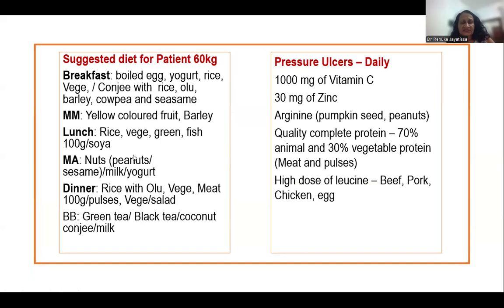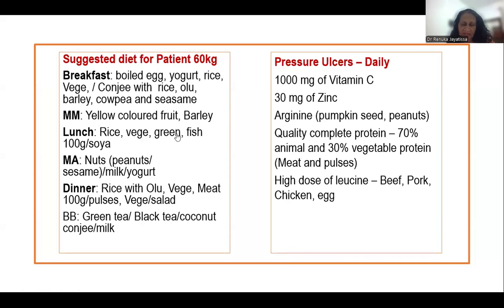This is just an example of the suggested diet for a patient who is 60 kilograms. Just look at the amount of food that they need. I have given you how to justify, calculate and look at their requirements. In the breakfast, you can see things like eggs and rice are important.